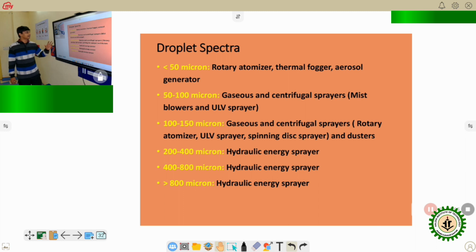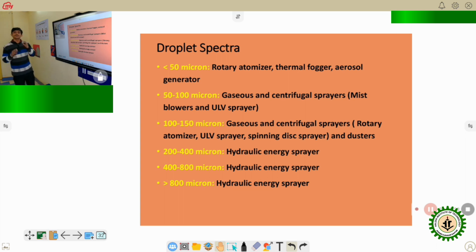According to the droplet spectra, this is very important. When droplet size is less than 50 microns, then we can use rotary atomizer type sprayers, thermal foggers, and aerosol type sprayers.